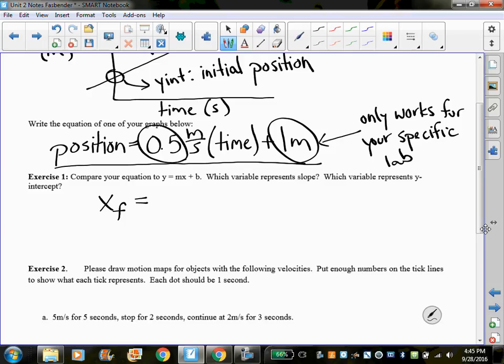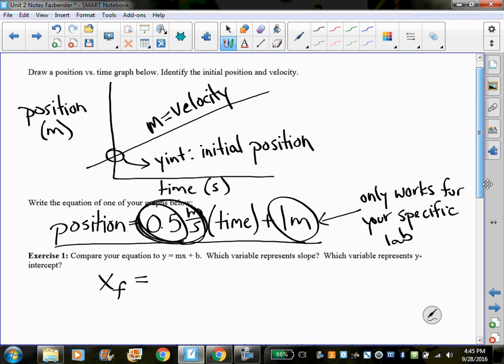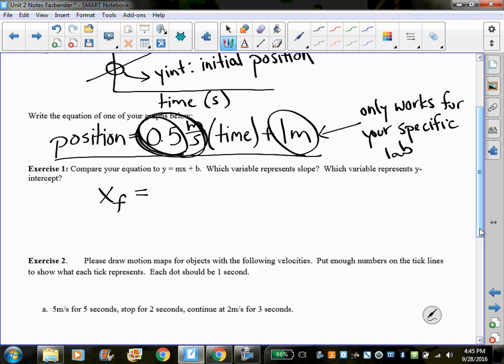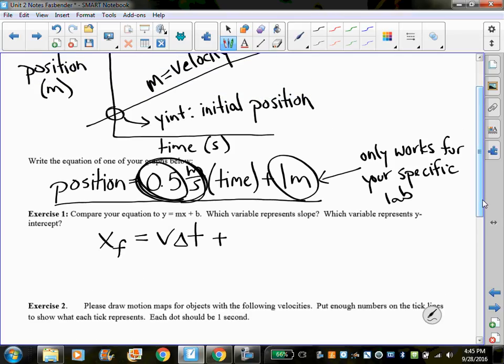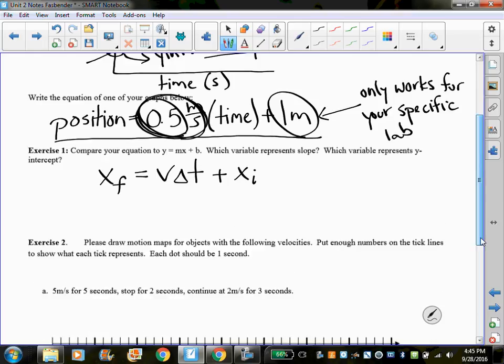And then with our slope, we know that the slope of this line told us the velocity. So instead of writing 0.5, I could just write the velocity, whatever our velocity might be for this car, multiplied by time plus our y-intercept, and we know that our y-intercept is our initial position. So we'll just write out a generic initial position.